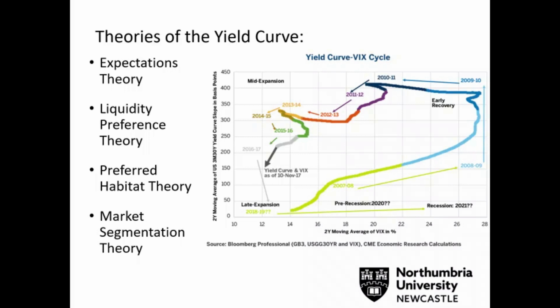But it's interesting to see from Bloomberg the plot, and it's a plot of how volatility, VIX, on the x-axis moves relative to the movement in the yield curve from 3-month to 30 years in the context of the US.